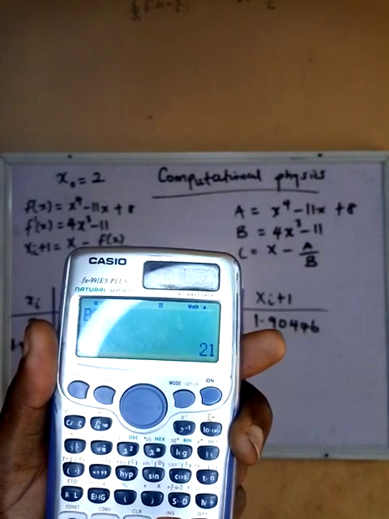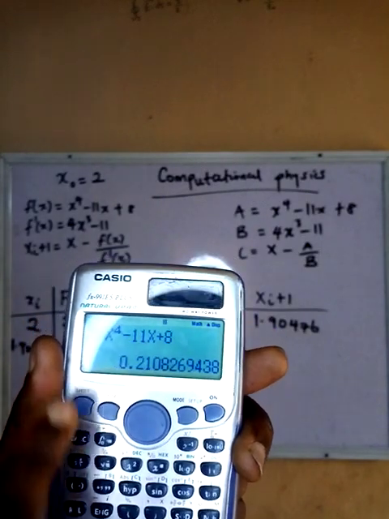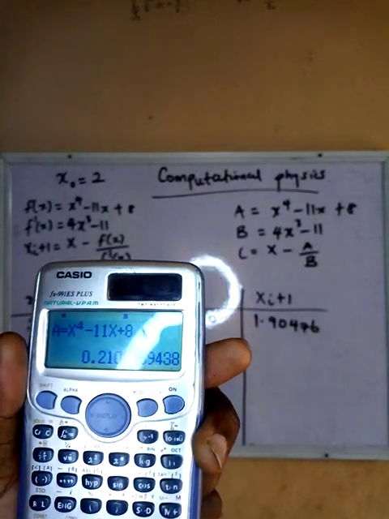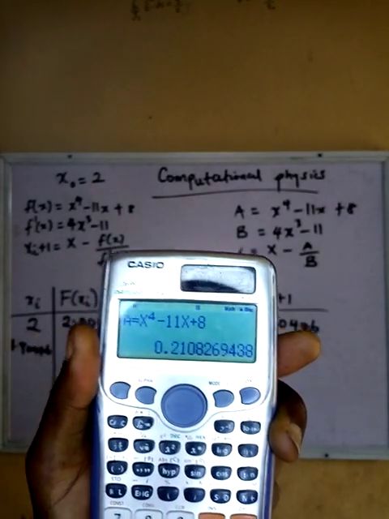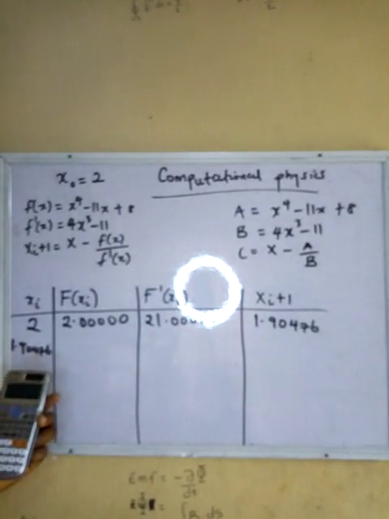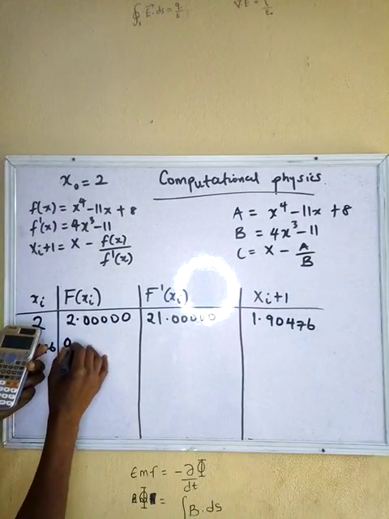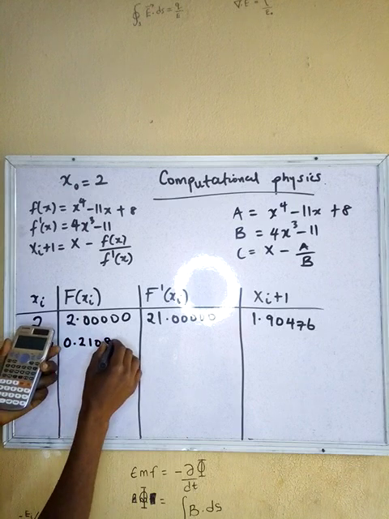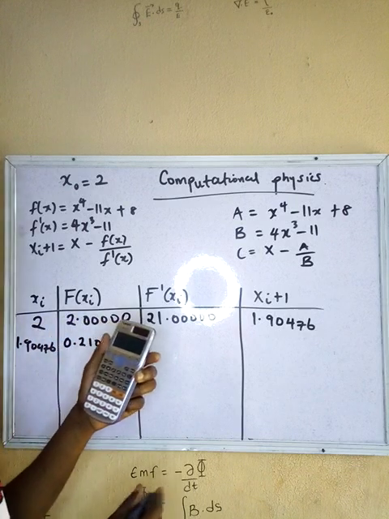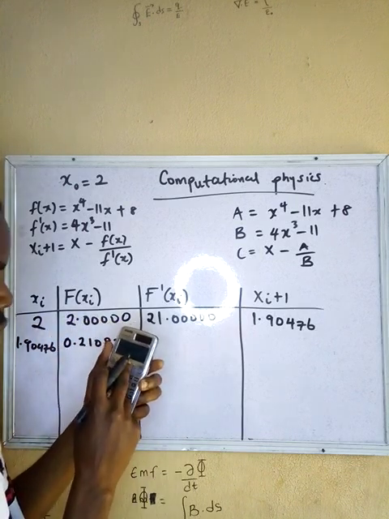This is what you are interested in, 0.21082. So this is the function value we are going to be entering. Good. So here becomes 0.21083, approximating to 5 decimal places.